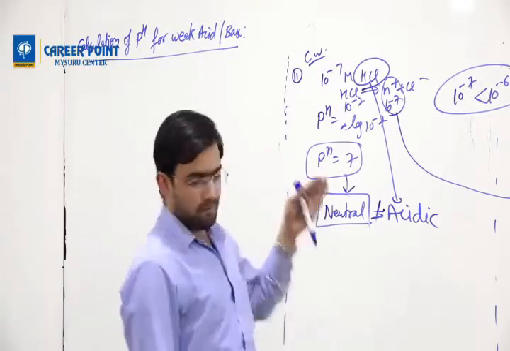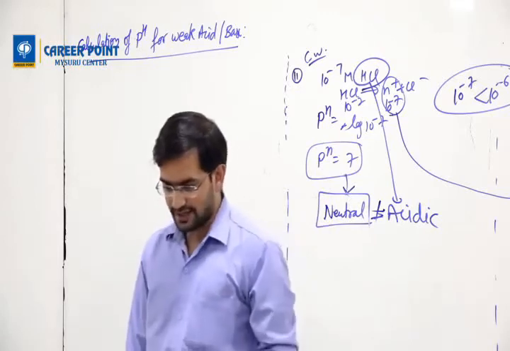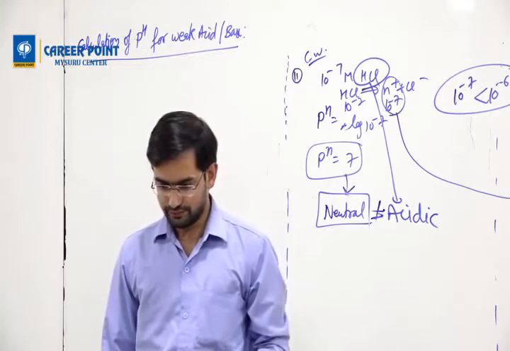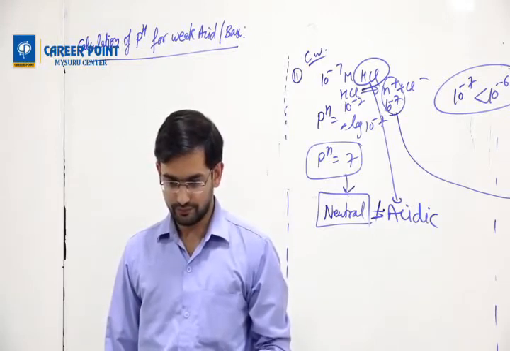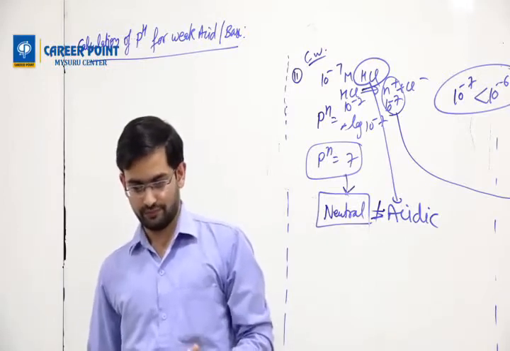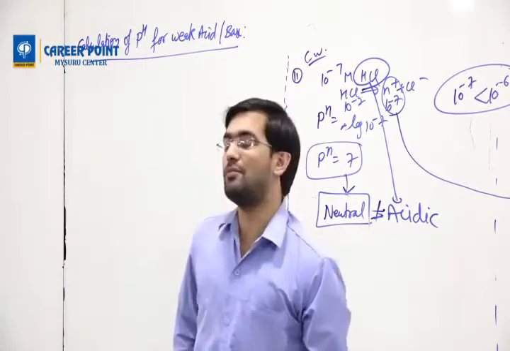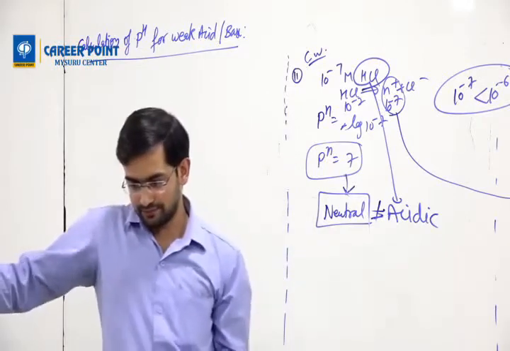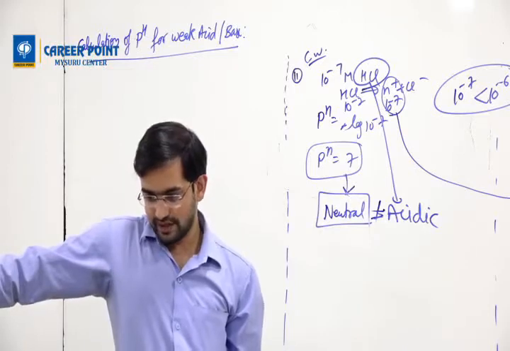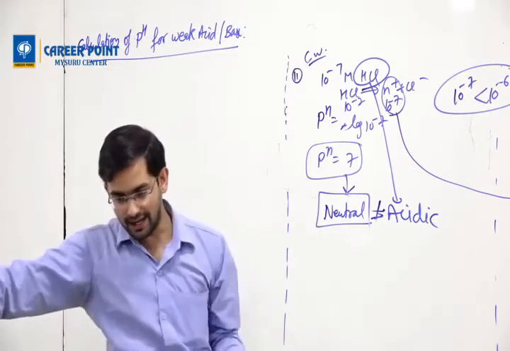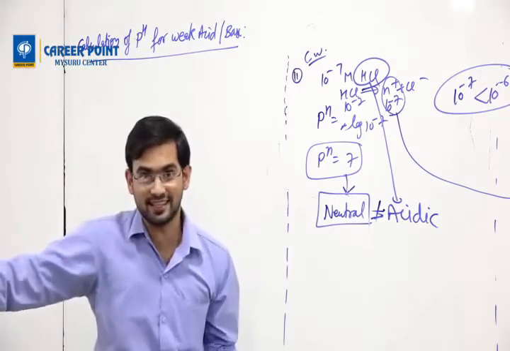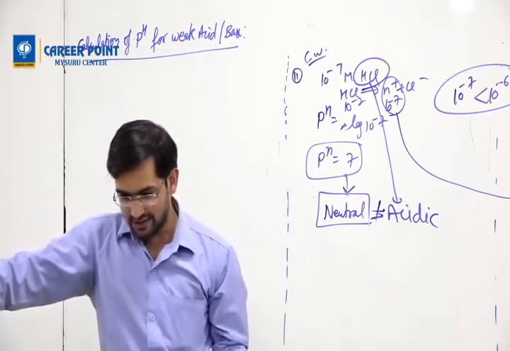Okay, so write example. All people write example. Example of what? Example of weak acid. Yes, acetic acid. Any other? NH4OH is not an acid, this is wrong.